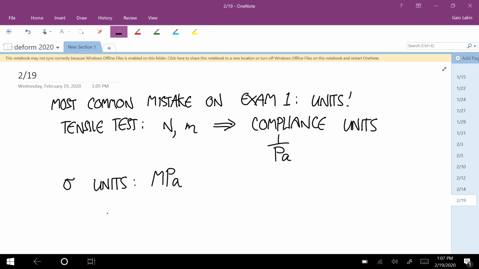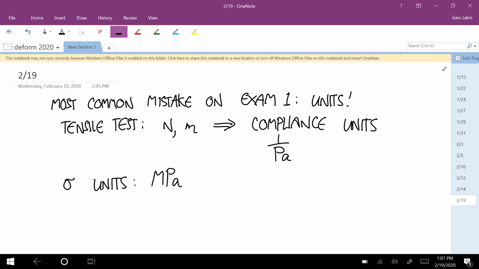So how did you get units that were too small? 1 over pascals. Oh yeah, right. So your compliance units were too small to use with megapascals, and so you got strain values, even though they're unitless.